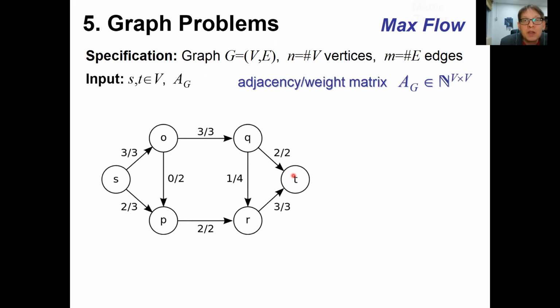So these are the three types of nodes: one source node, one target node, and internal nodes where no flow appears or disappears. So that's the picture here. And now let's generalize and formalize this interesting graph problem. But first, let me emphasize what our algorithmic problem is in the end.